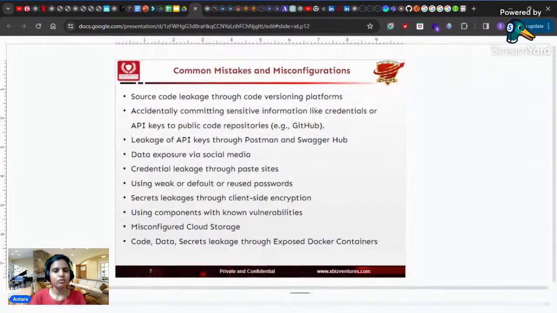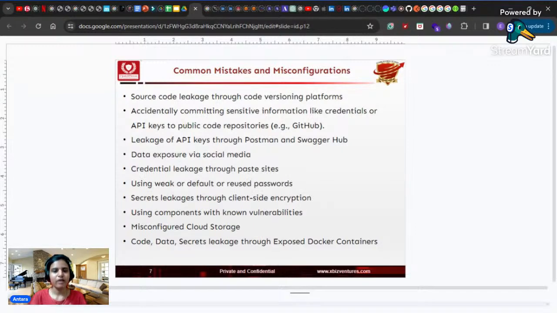Then we have the use of weak, default or reused passwords. I believe we have run through this line a majority of the times, in all our awareness sessions and in every basic cybersecurity training you have received.